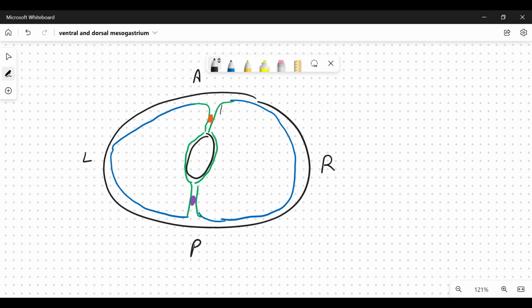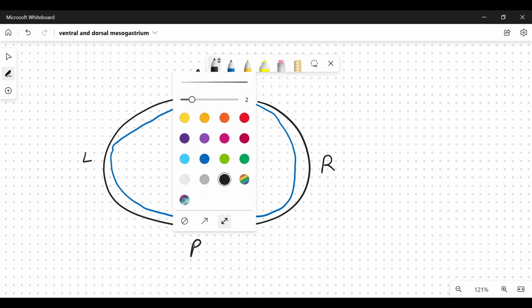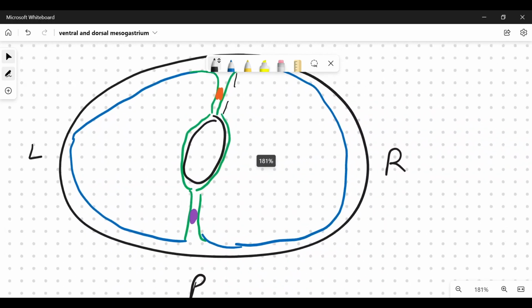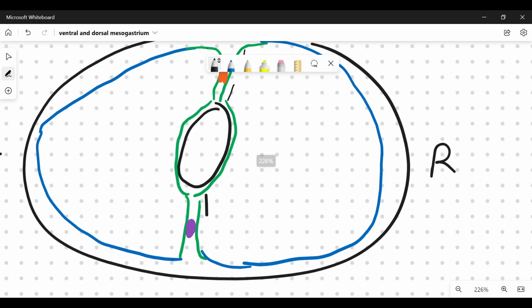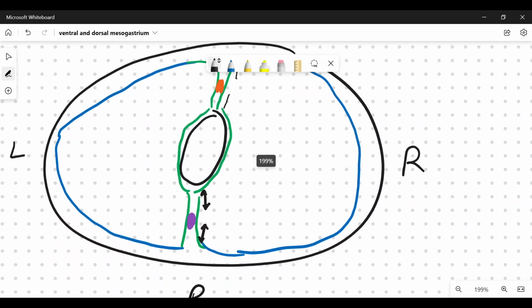This will be called as ventral part of ventral mesogastrium. Sorry, dorsal part of ventral mesogastrium, and then this is the ventral part of dorsal mesogastrium, and this will be the dorsal part of dorsal mesogastrium. Right? Okay. Let me just remove these things.